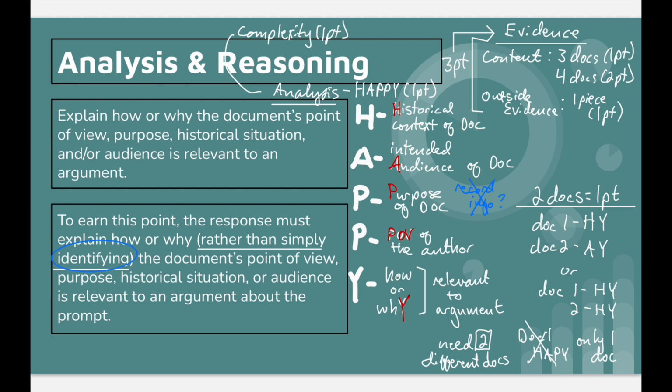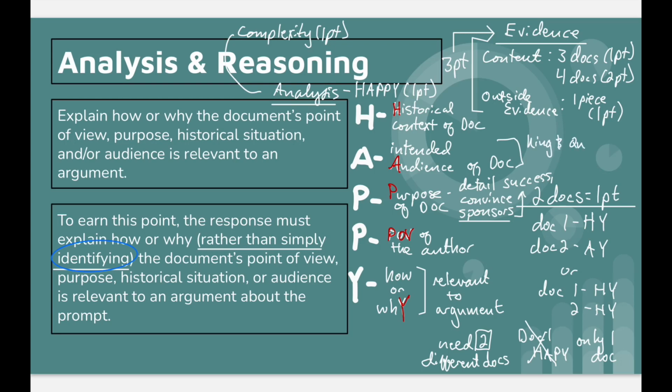And 2, rather than just identifying the purpose, you should explain how or why you know that that's the purpose. So if for that document instead you said the purpose of this journal entry was to detail Christopher Columbus's success in traversing over the ocean to get to Asia and convince his sponsors that they should continue to fund his expeditions, that would be an explanation of how you know that's the purpose. Okay, because you explained his sponsors were funding his expeditions.